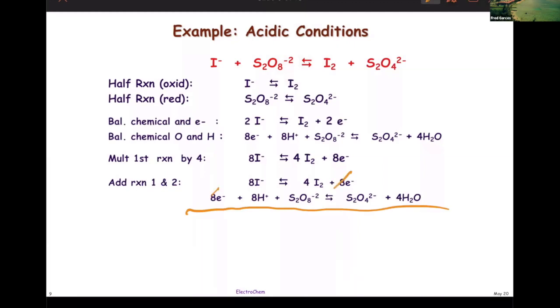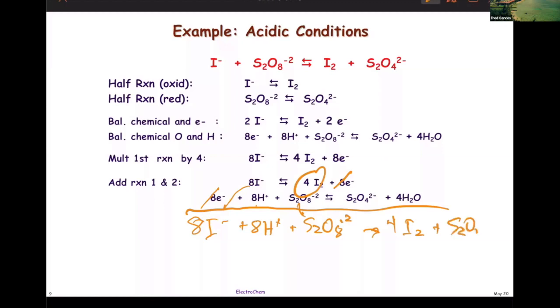This cancels. You will see that I have 8 iodine minus, that's this guy, plus 8H plus, that's this guy, plus S2O8 minus 2, that's this guy. And then it goes to 4I2 plus S2O4 negative 2 plus 4 waters. That is your balanced equation.